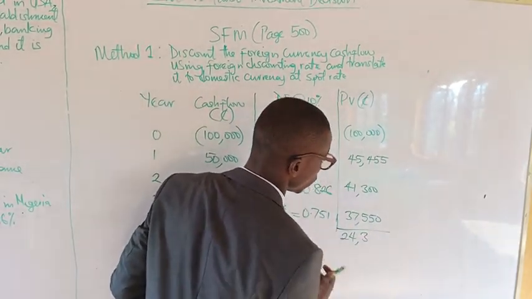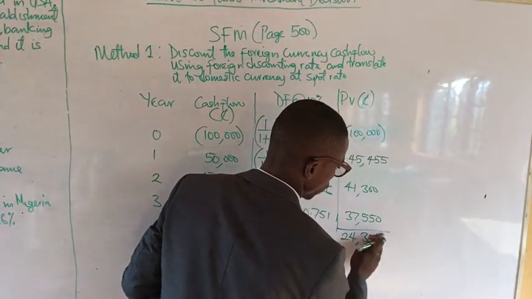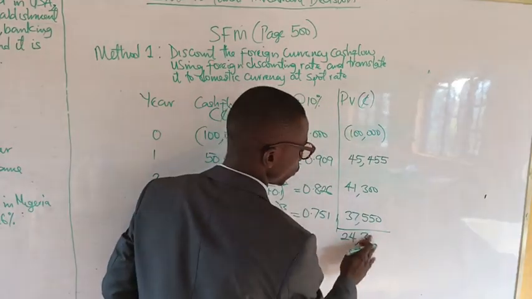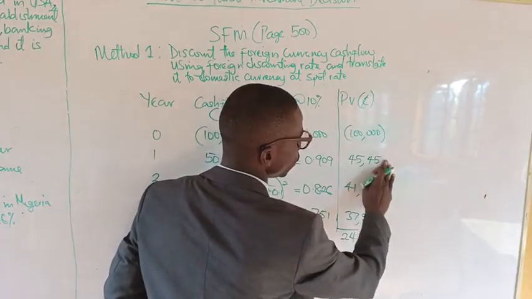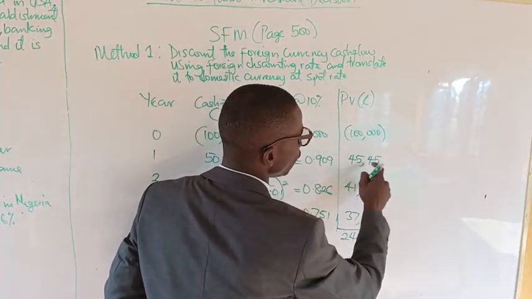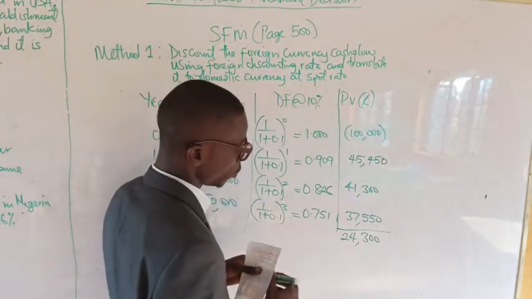No, it's 24,300. That first year is 5,450. Okay, 5,450, right? Yes, sir. Okay.